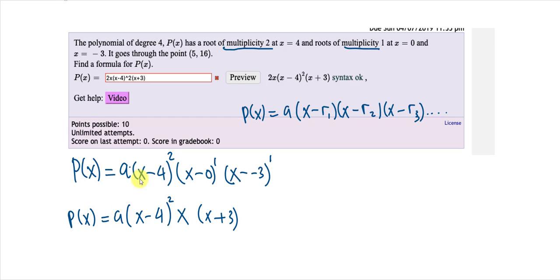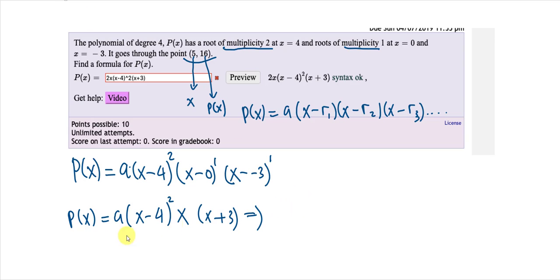So how do I solve for a? I need to get this information from here. This is the value of x, right? 5 is x, and 16 is p of x. Okay, so anywhere you see the x, you plug in 5 because this is the ordered pair, right?